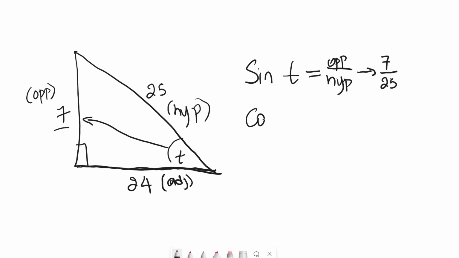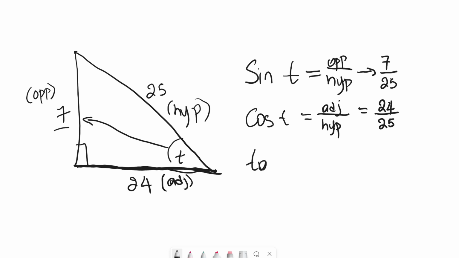Let's say I want to find cosine of T. Cosine is adjacent over hypotenuse. My adjacent is the side that is right beside my T, so that's 24 over my hypotenuse, which is 25.